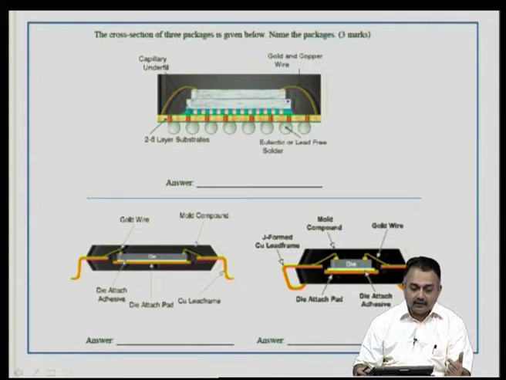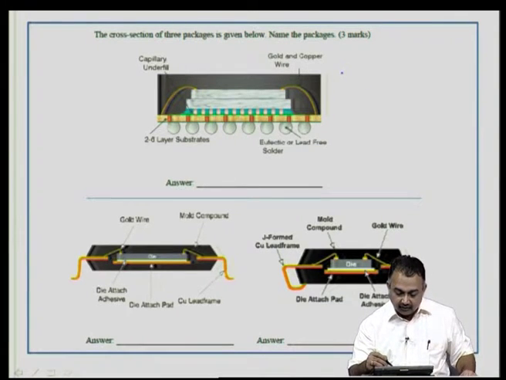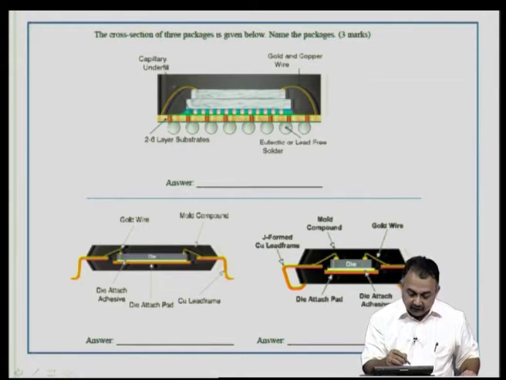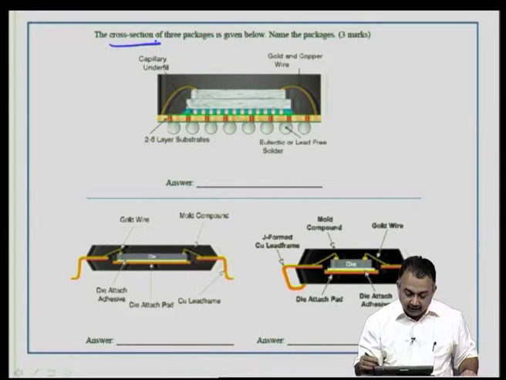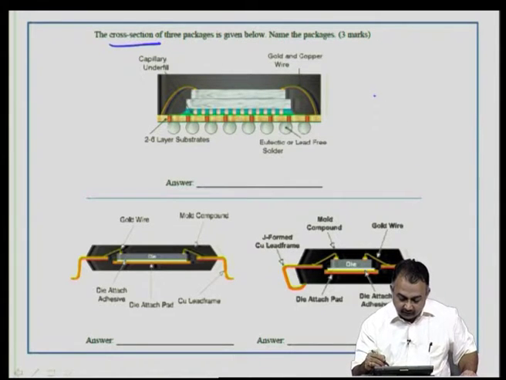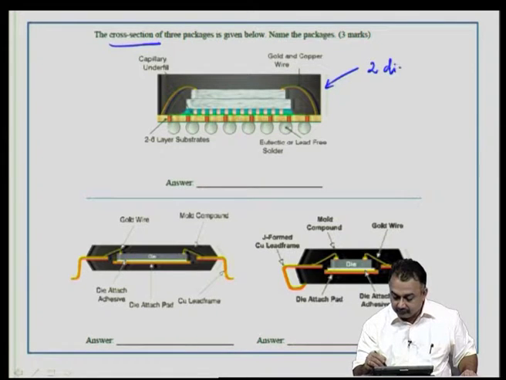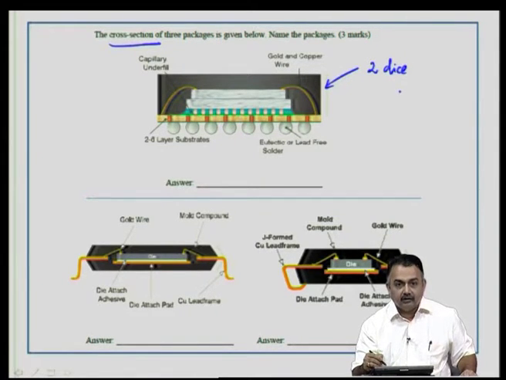Now, if you look at the first question, what we have here is basically a cross section of a package. In this particular figure, there are two dies, this is 1 and this is 2.